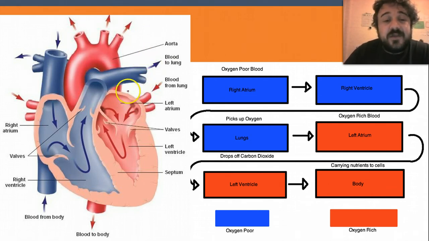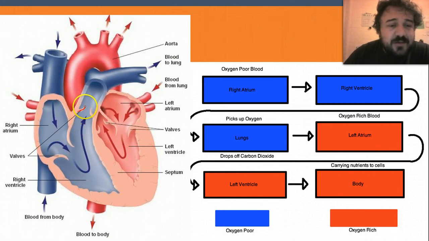Okay, it then goes from there into the left atrium, so that's the pulmonary vein right there, through the ventricle, then back out through the aorta, where it enters the rest of the body.